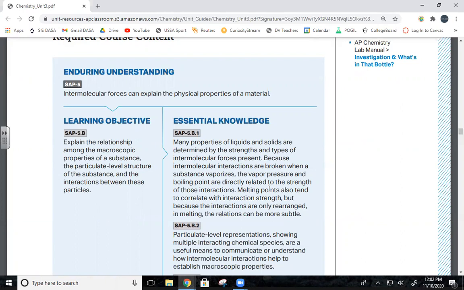A really low boiling point is going to be something that only has interactions with London dispersion forces. Yeah, all molecules experience London dispersion, or as they called it, LDF, right?